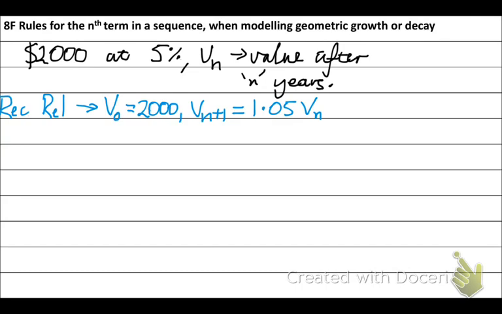As we've learnt before, we get that from the fact that R equals 1 plus 5 over 100, which was our rate for geometric growth.